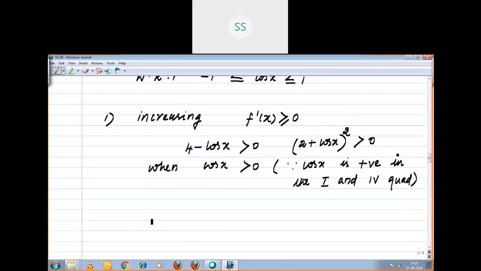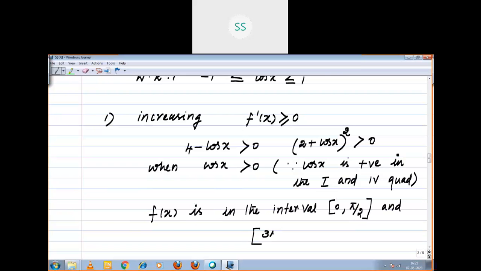So what is your conclusion here? f of x is increasing in the interval, first quadrant, 0, pi by 2, and fourth quadrant means the closed interval 3 pi by 2, 2 pi.